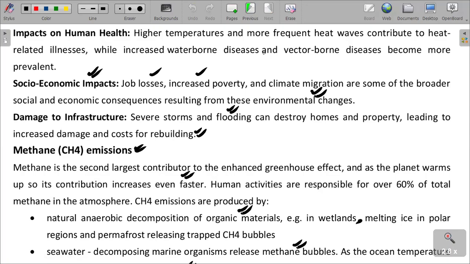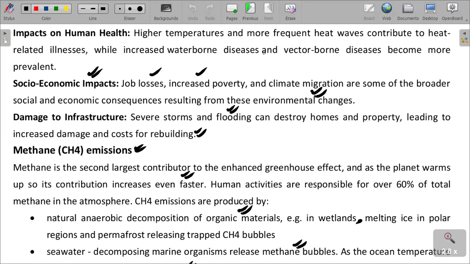Job losses are a result of dwindling economic activities, the shrinking of the economy as a result of the decrease in agricultural inputs in industries. Also productivity decreases, hence employment opportunities would also go dry. So climate migration, and then environmental changes can also be the ultimate effect.